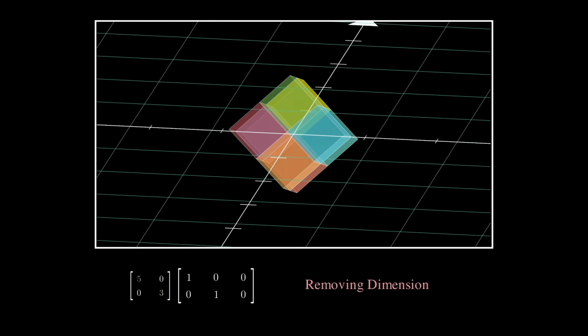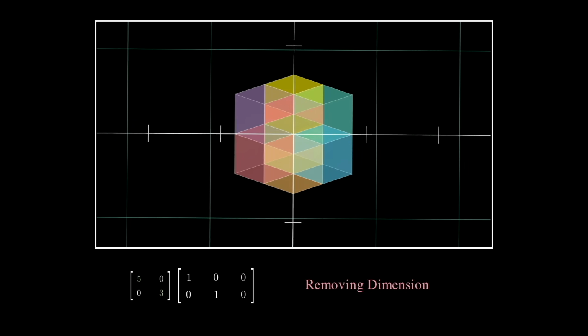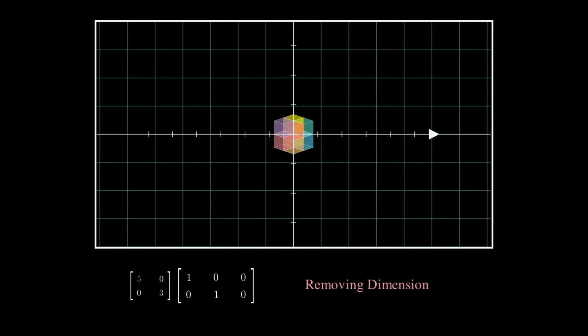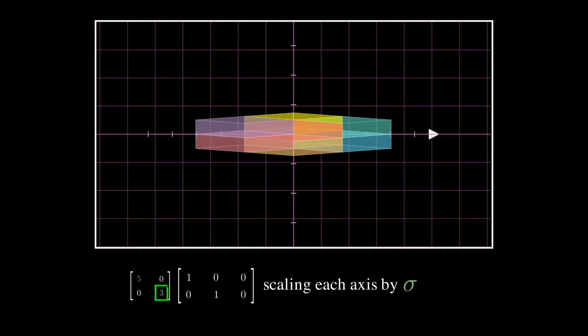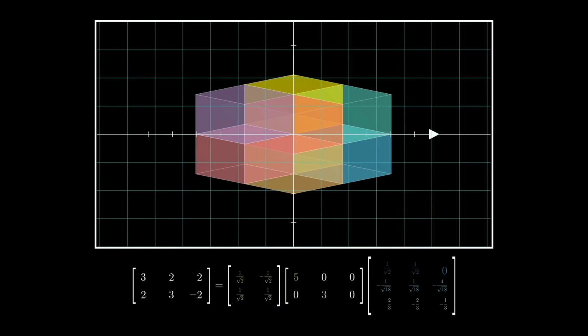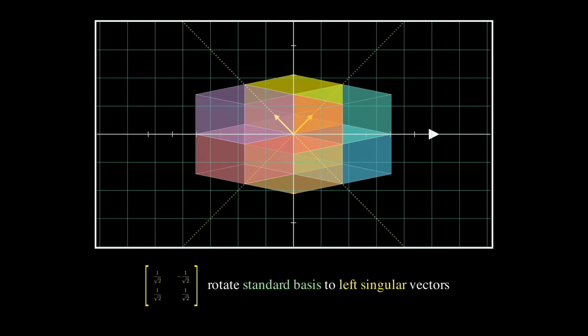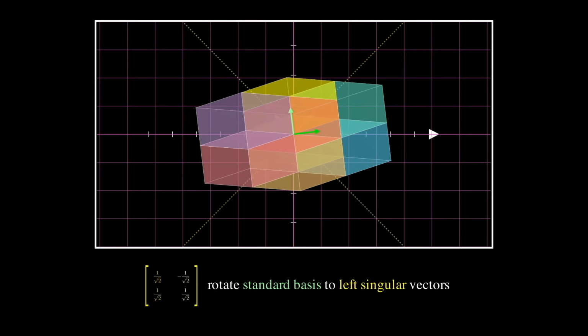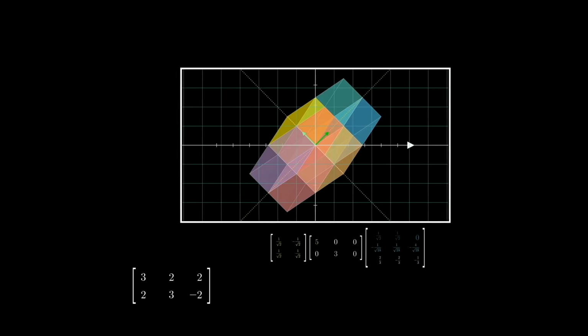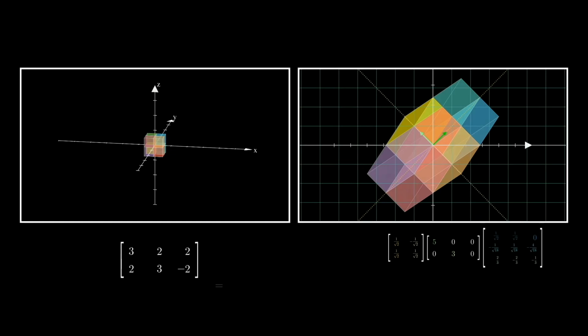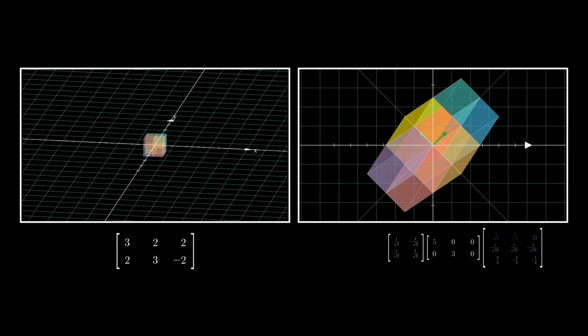The dimension eraser removes the third dimension, and the diagonal matrix stretches the x and y axes based on the singular values. And the final step, the matrix U, rotates the standard basis to align with the left singular vectors. And boy, you bet, those transformations composed is exactly the same as A.